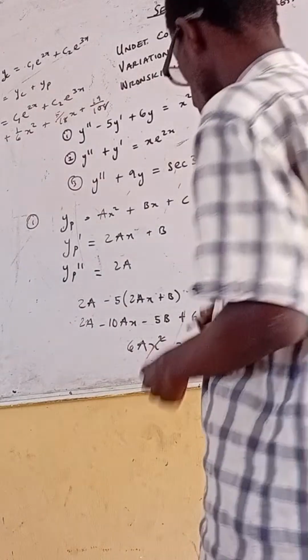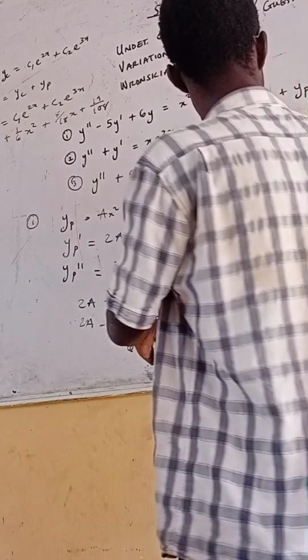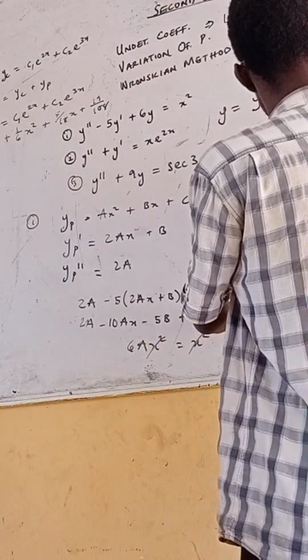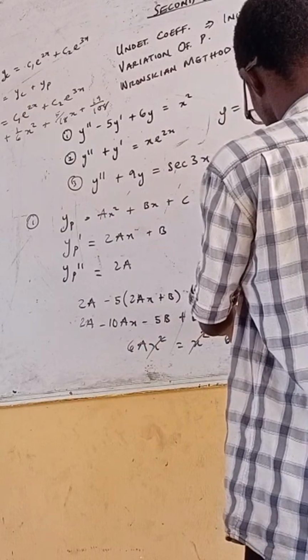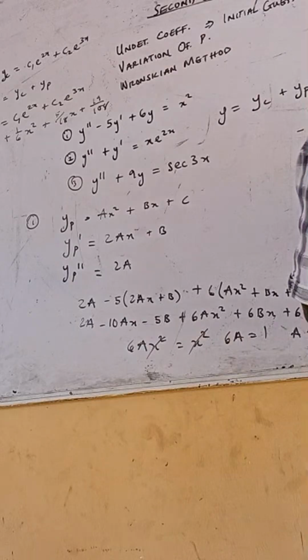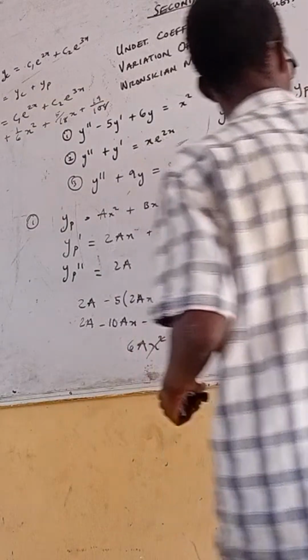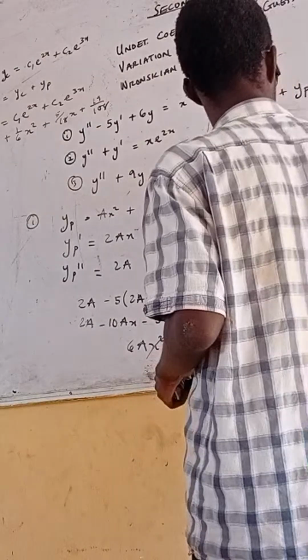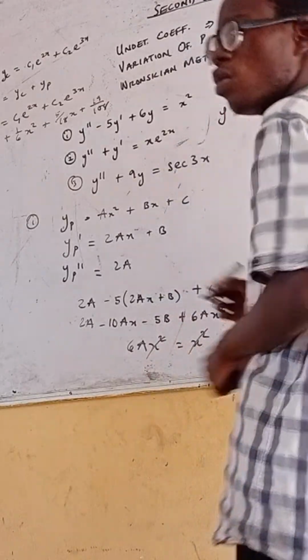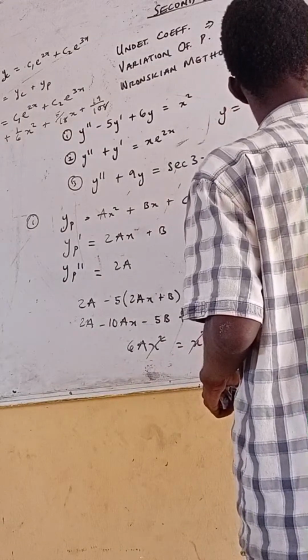Now let's go down with it. The ones in x: minus 10ax, plus 6bx, that's all. Equals to, there's no function of x here, so it is equal to 0. So I can divide this through by x, Abi, and say minus 10a plus 6b equals to 0, or say 6b equals to 10a.